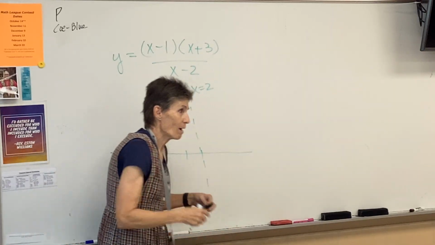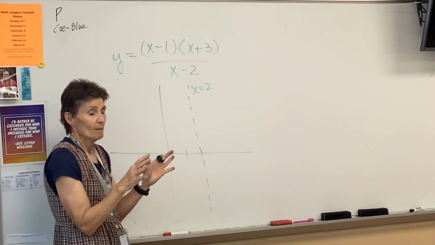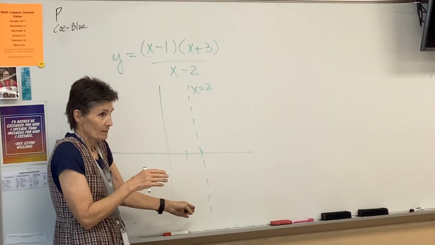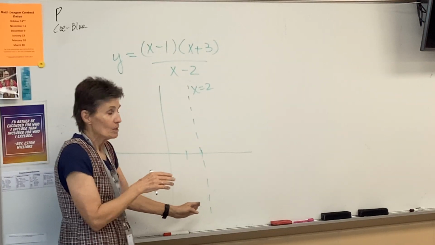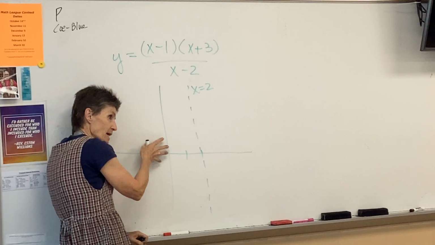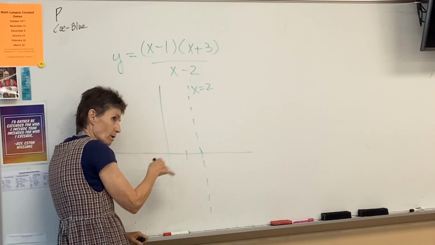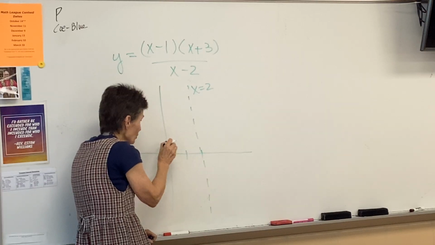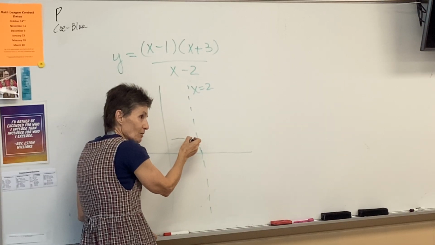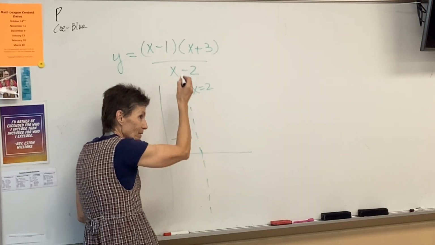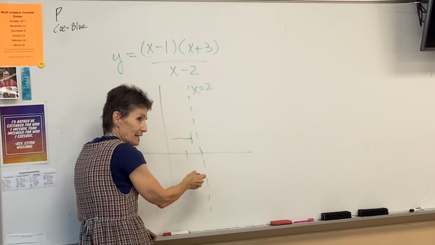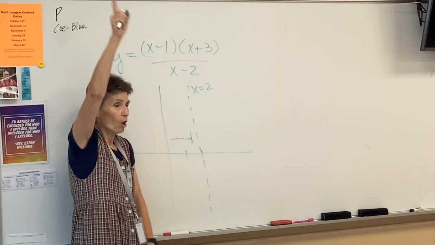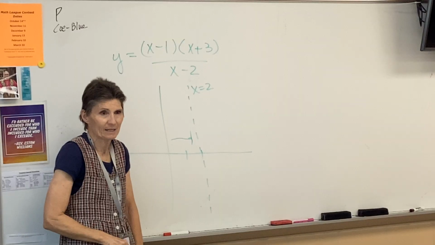Now, we haven't started graphing very much of this ourselves, but remember, this breaks your picture. Everything stops here. So as I come in from the left side, I don't know what kind of stuff is going on, but as I come in, I can't touch that. So what am I going to have to do? I'm either going to have to turn and go up, or I'm going to have to turn and go down. So the limit at a vertical asymptote will always be positive infinity or negative infinity.